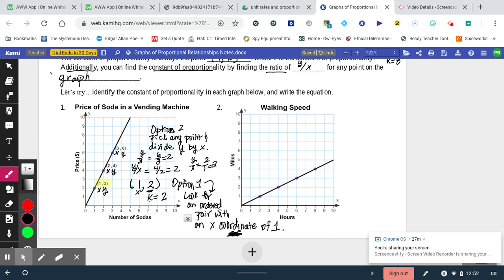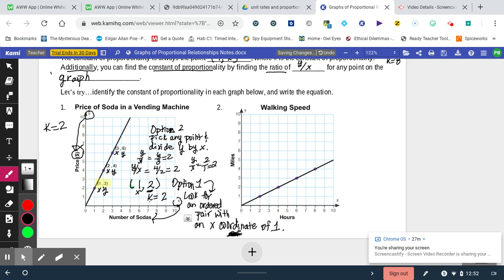So I'm going to show you something. I know that k is equal to 2, and you'll say, well, 2 what? If I want to attach meaning to it, remember, the y value was in the numerator. It came first. So what's on the y-axis? The y-axis is talking about money, and the x-axis is talking about number of sodas.